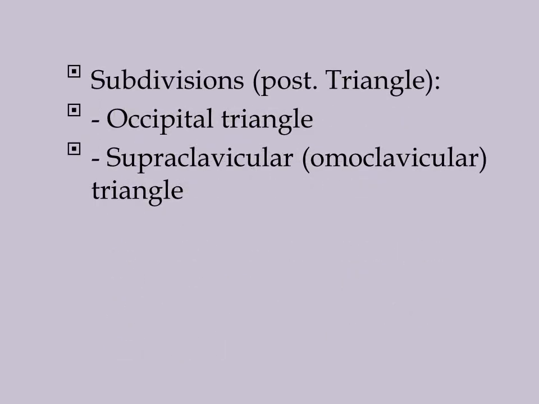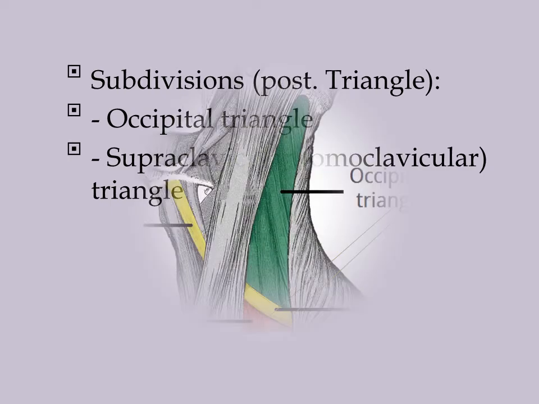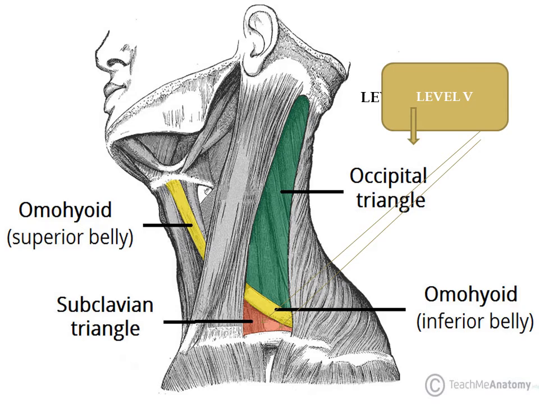Occipital triangle and the supraclavicular triangle. This is the slide showing the occipital triangle, the subclavian triangle, the level 5 dissection, the omohyoid belly, and the superior belly of omohyoid.